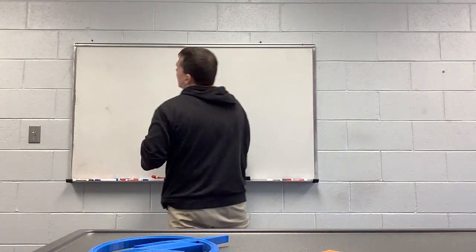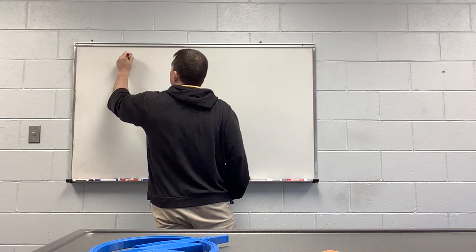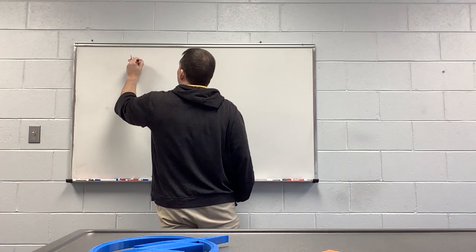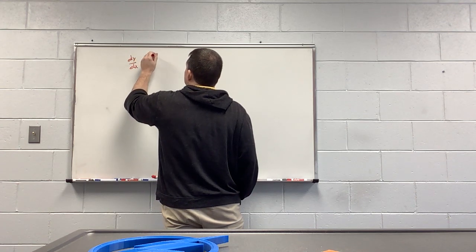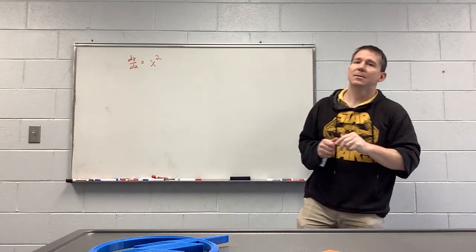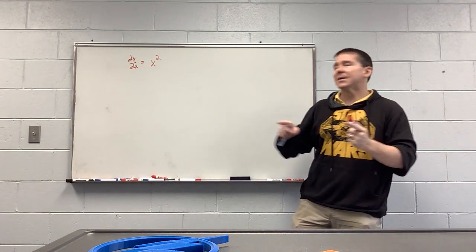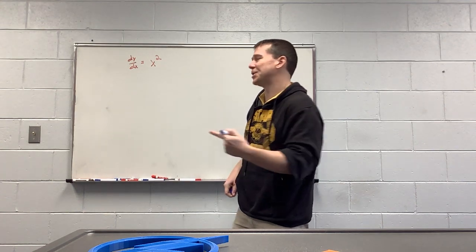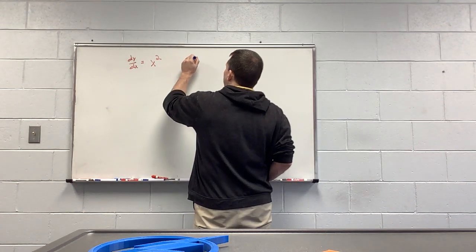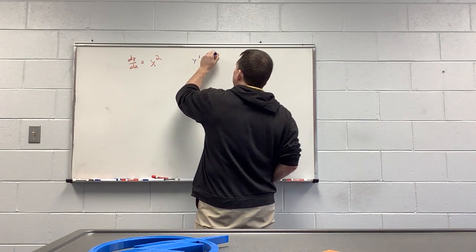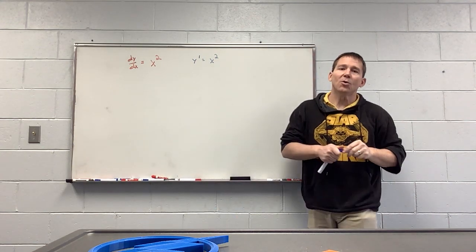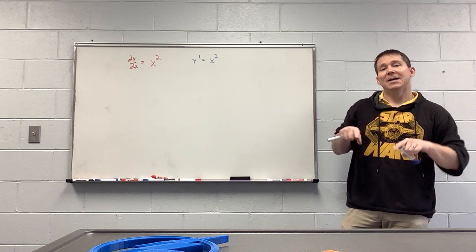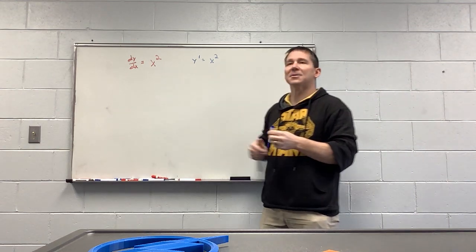Meaning, if I have this, I could write dy dx equals x squared. And we understand this is derivative notation, Leibniz notation. If you prefer, we can also write this as y prime equals x squared. And the goal is to ultimately find y, the original function that would result in that derivative.